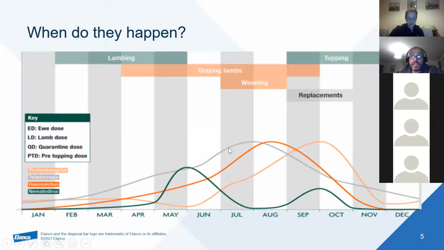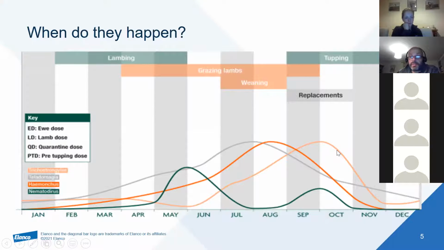The next one we tend to get is the grey line, which is Teladorsagia. That will happen any time once the weather warms up a bit. It usually works alongside Trichostrongylus, which tends to happen a bit later in the year. But you usually get mixed infections of these. And these are the ones that classically give you that scour in your lambs, that parasitic gastroenteritis. And then we have Haemonchus, which I said is the bloodsucker.